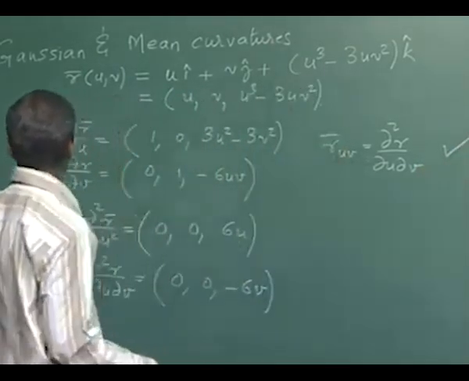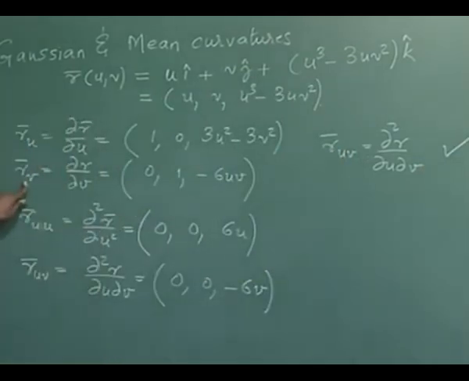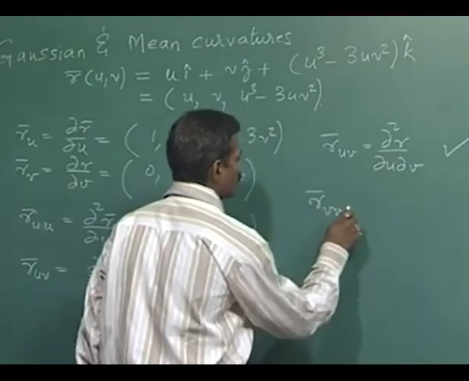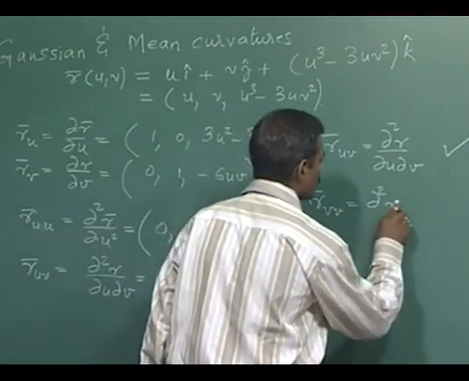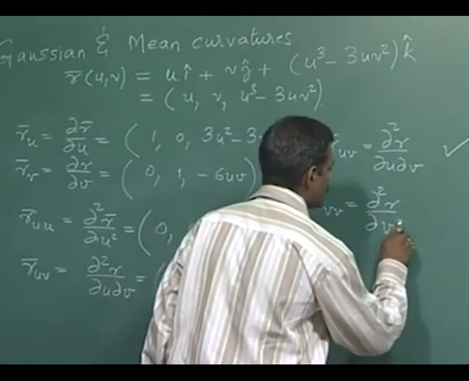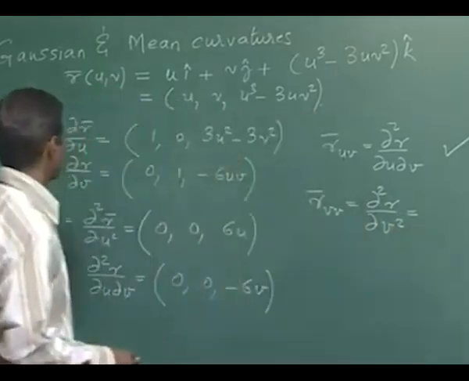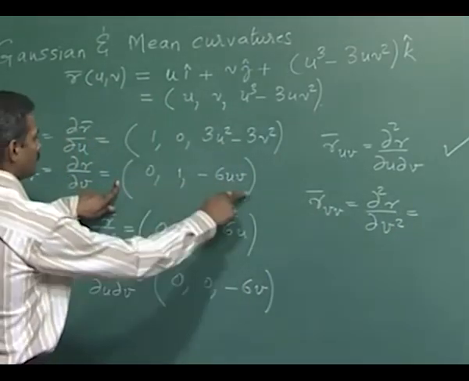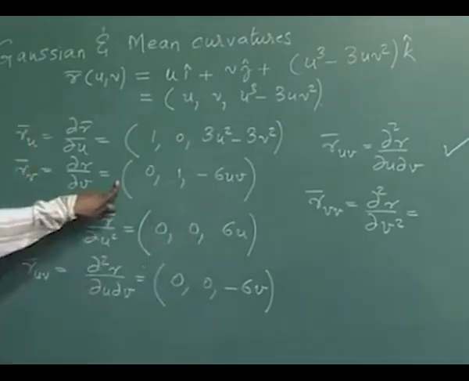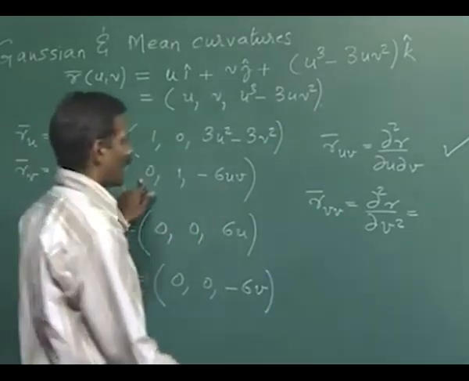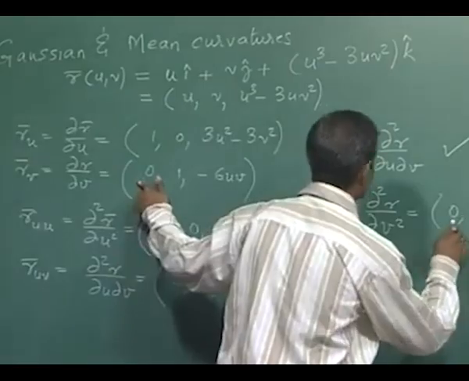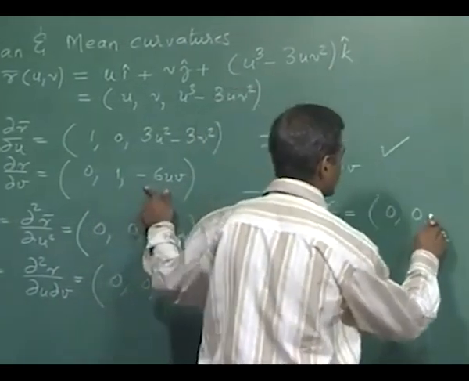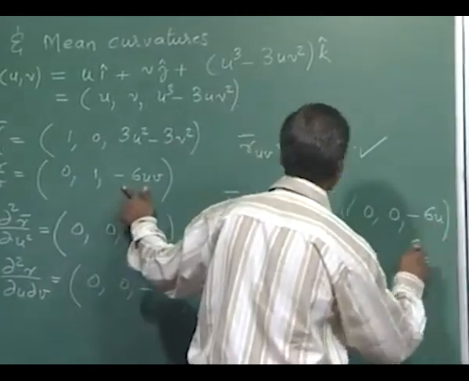The second derivative of r with respect to v, r vv equals partial 2 r over partial v squared. We'll have to differentiate this expression here with respect to v. We'll have (0, 0, minus 6 u).